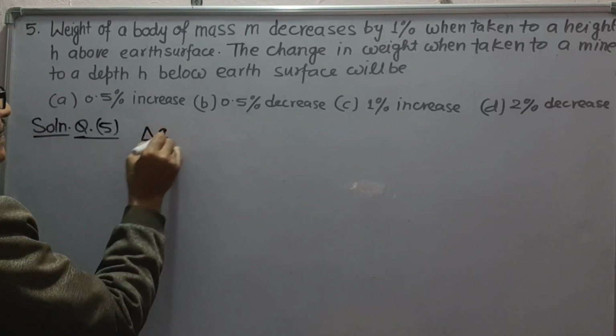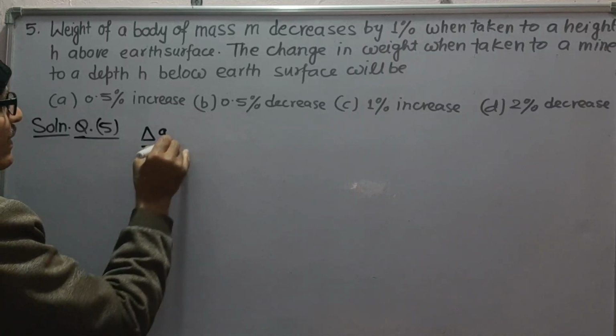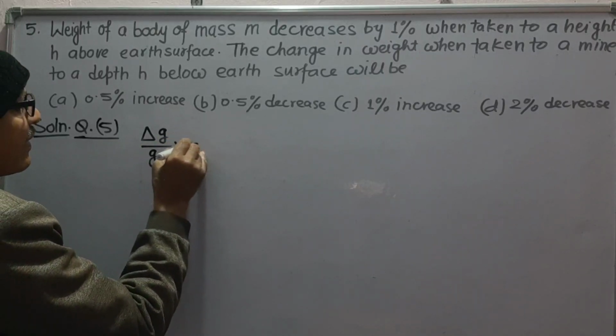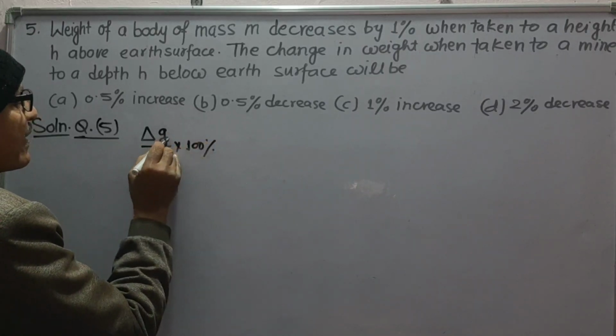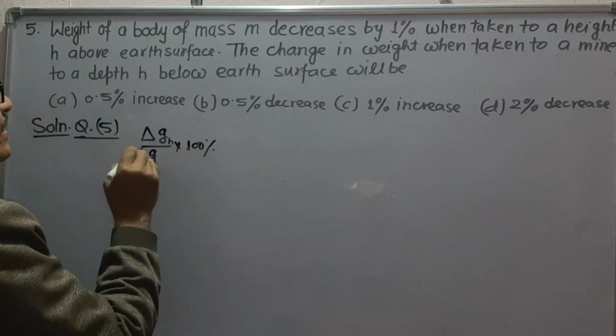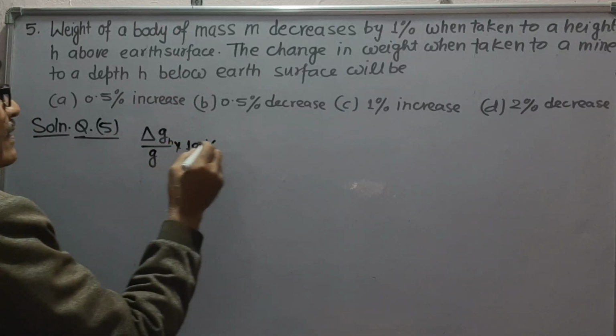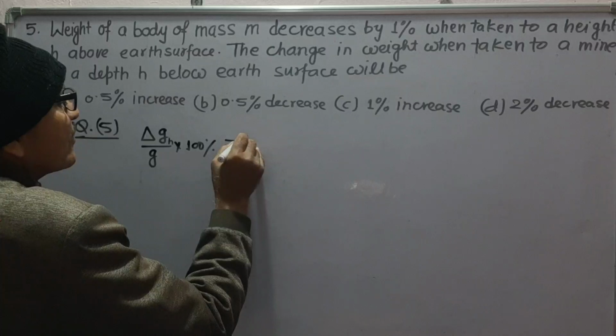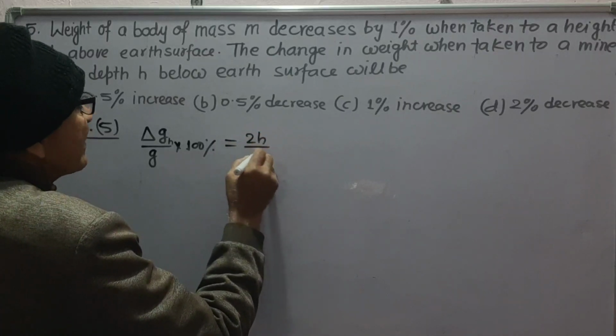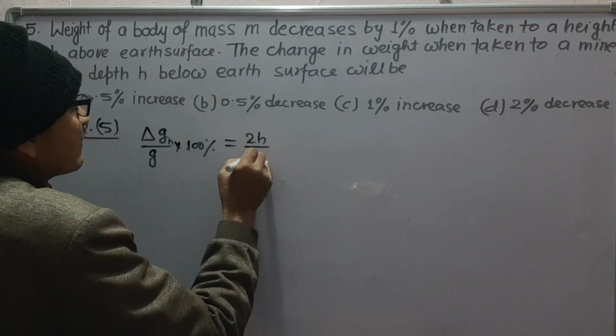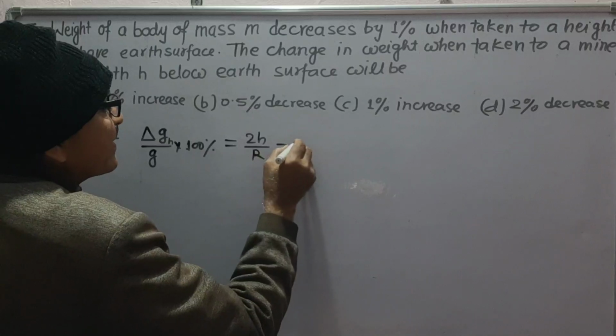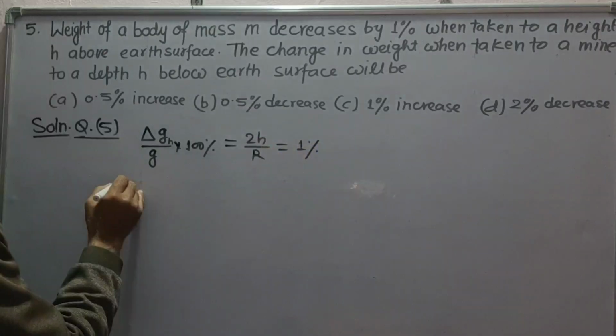Delta G upon G into 100% with height h above Earth's surface is 2h upon R, and this is 1%.